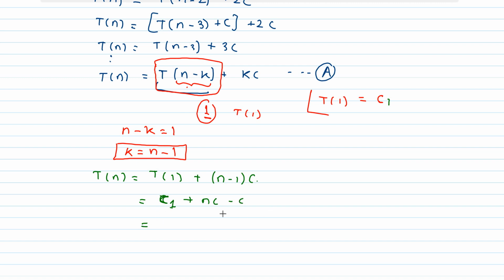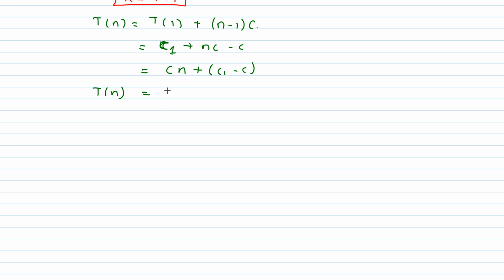So our equation in terms of n will become cn plus c1 minus c. So we can say that our T of n is simplified as c into n plus c1 minus c, and we'll just equate c1 minus c to some other variable ck, so that we have cn plus ck.